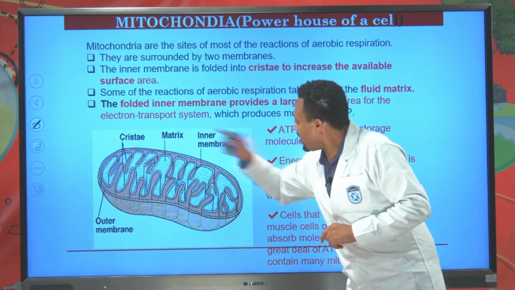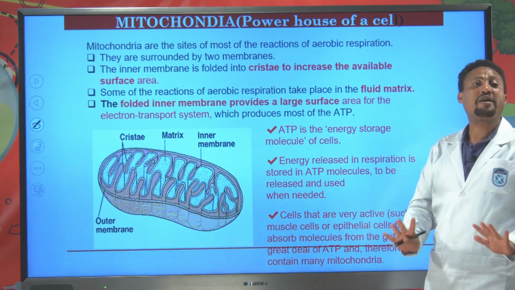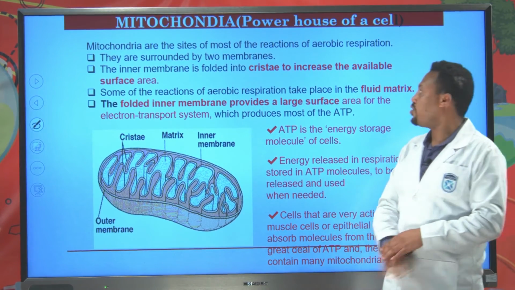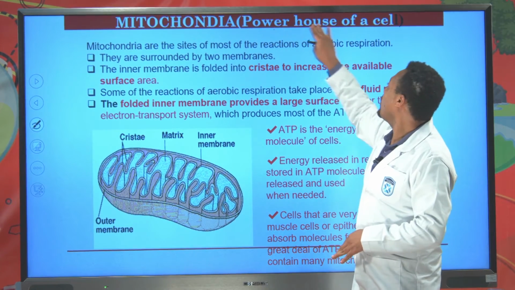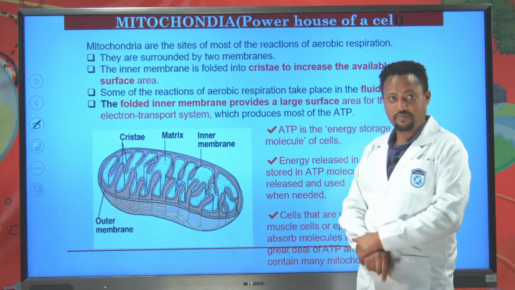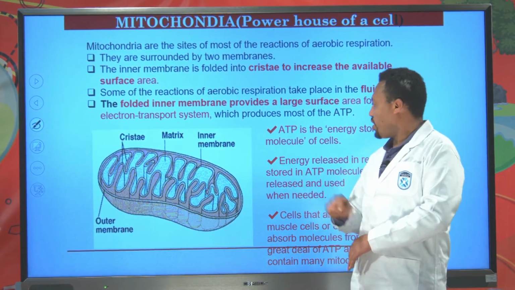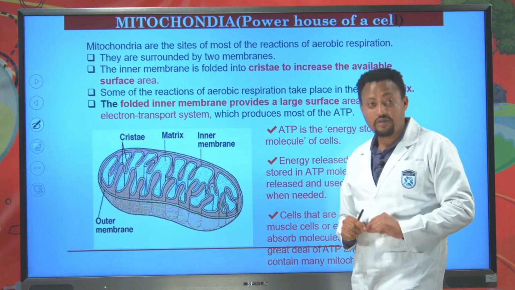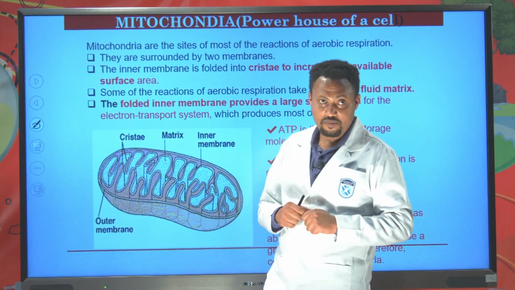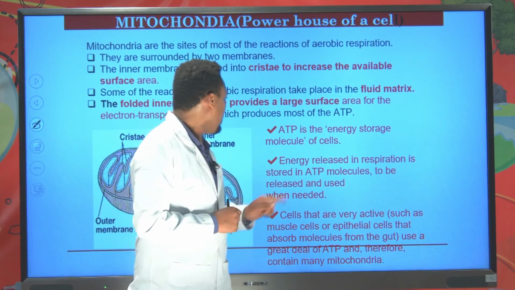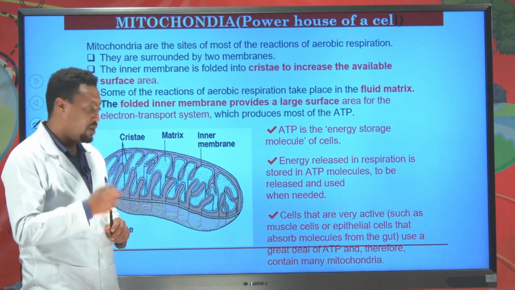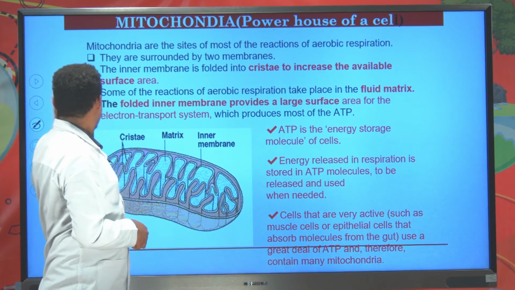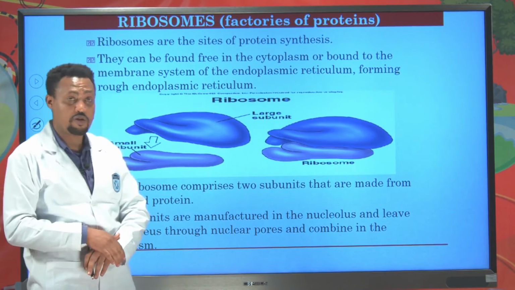The fluid-filled part called matrix, and this part of the organelle is used for production of energy, so that we call it the powerhouse of the cell. And this mitochondria is the one that provides energy even when I am now talking. This ATP is produced in the mitochondria when glucose is broken down into its simpler forms. We'll come to that later.